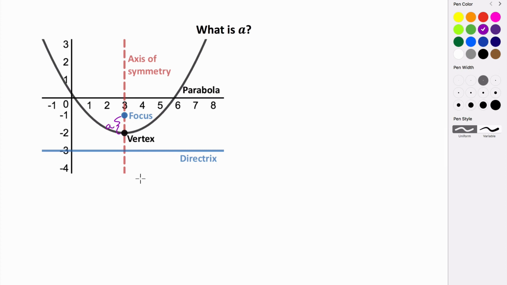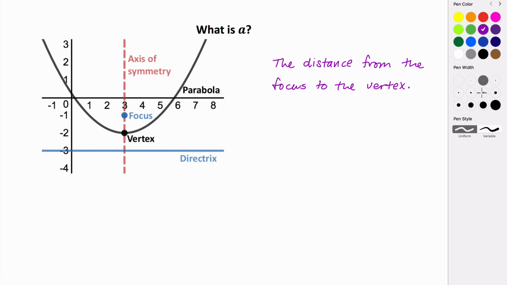That distance is a, and it's just the distance from the focus to the vertex. If our focus is above our vertex, the value of a is positive. If our focus is below, it's negative. If our focus is to the right, it's positive. If it's to the left, it's negative.